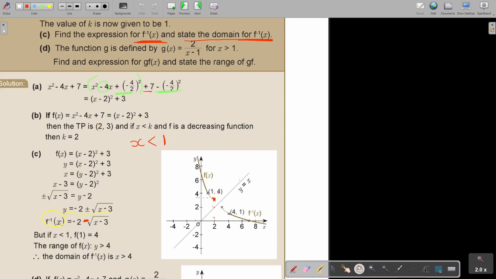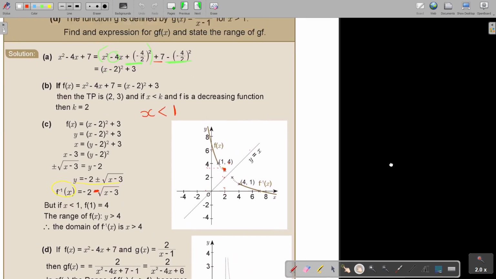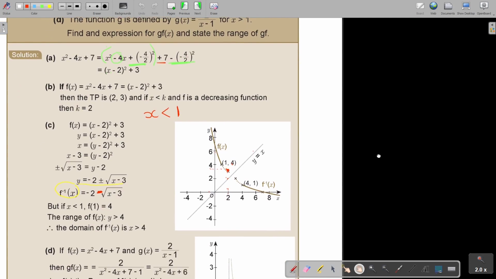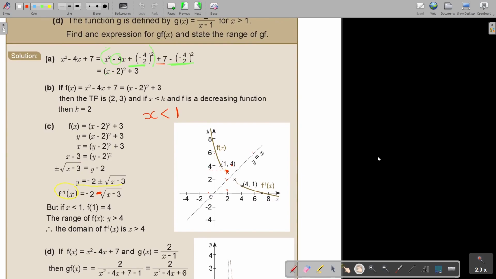So it's just a lot of thinking in these questions. What did they ask you? State the domain. Without drawing it, you have the range. The range of the original function: there's the point.